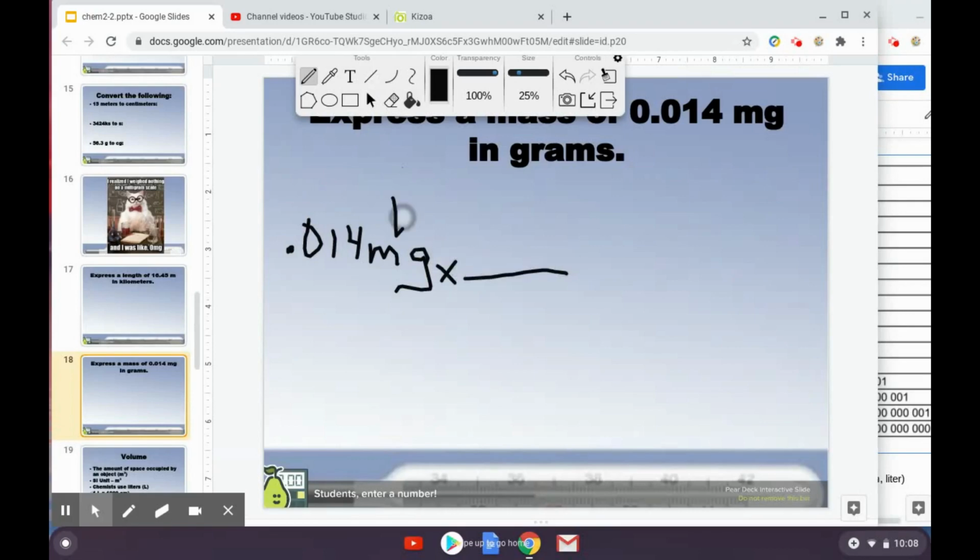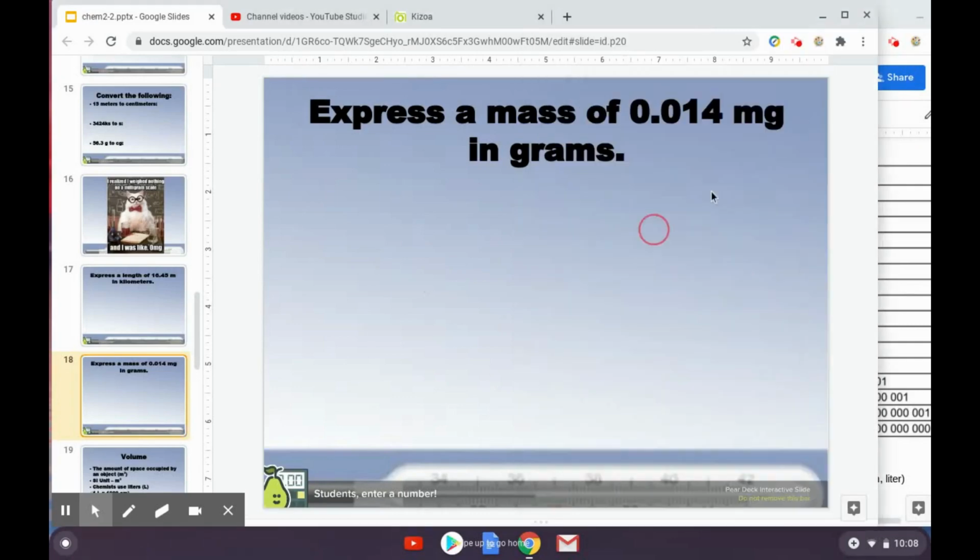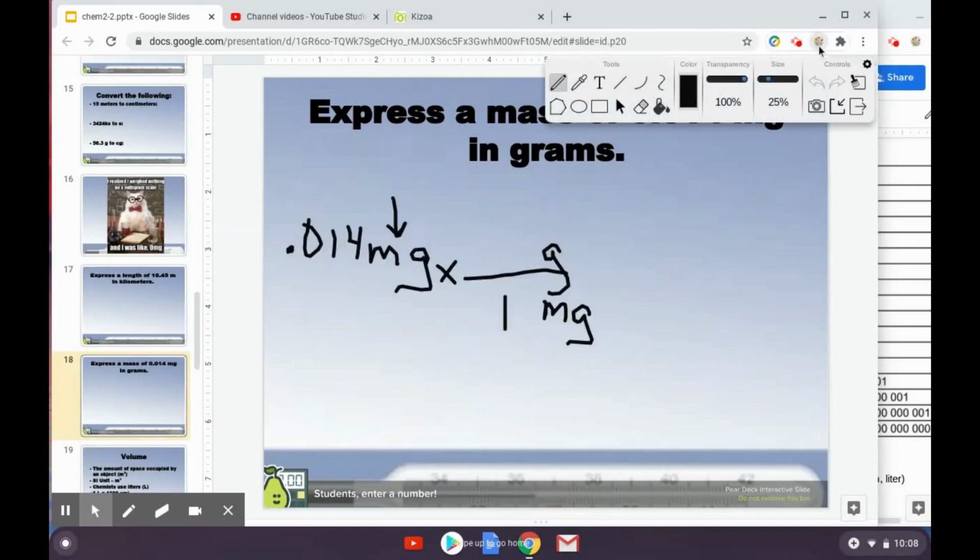So milligrams are what we're starting with. They will go on the bottom and grams on top. 1 with the prefix, and then we come and look at milli, which is 0.001. So 0.001, and we're ready to solve.